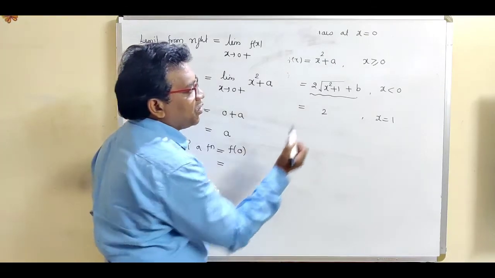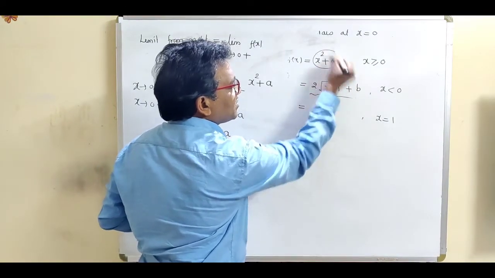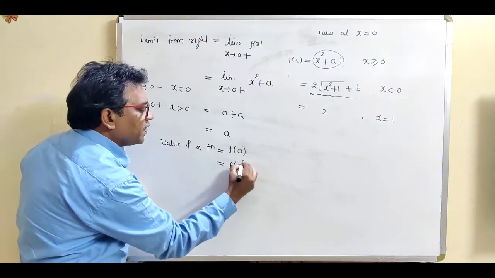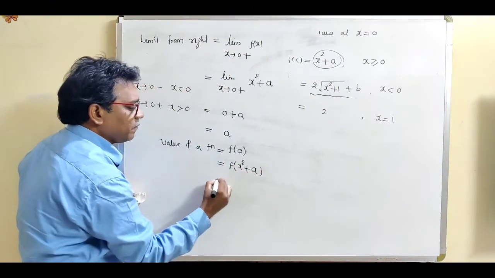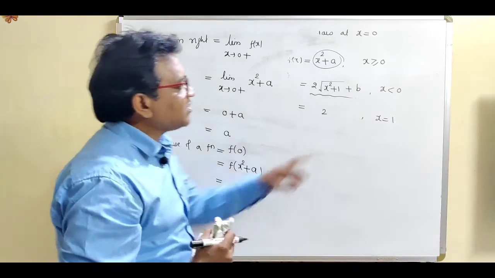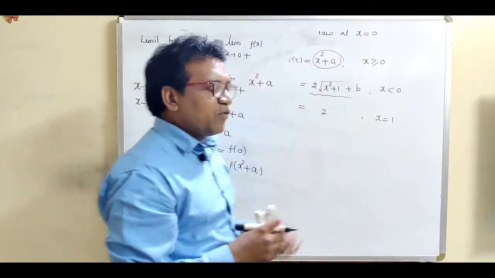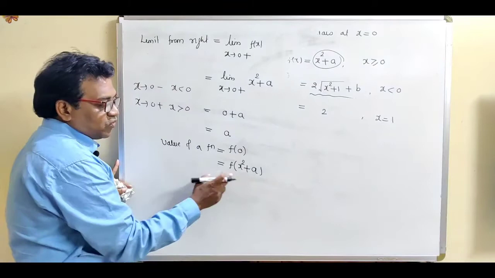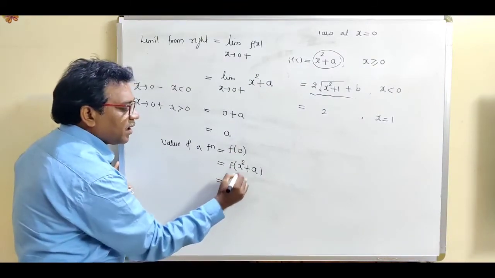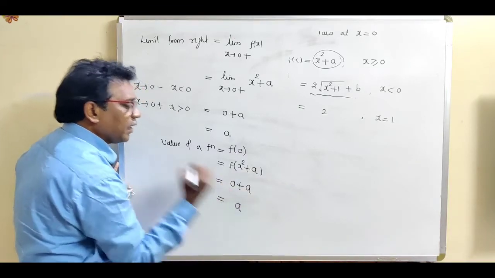So x is equal to 0. So use the same function x square plus a. For value of function, we take just equality. So find out this functional value by putting x equal to 0. So 0 plus a, this is the same as a.